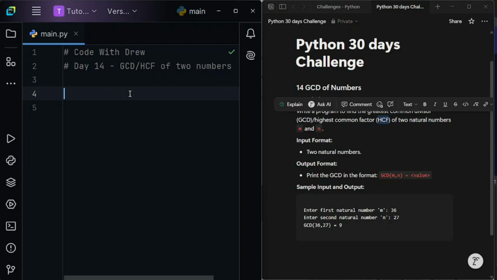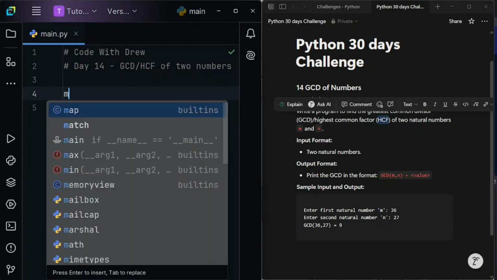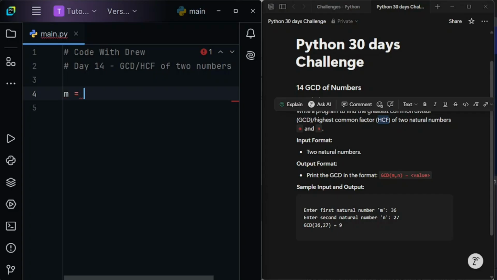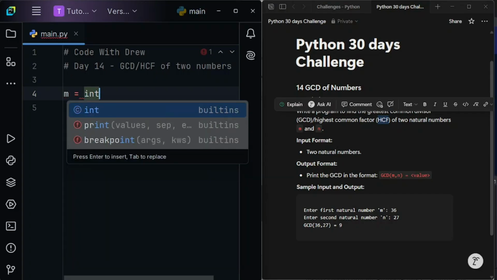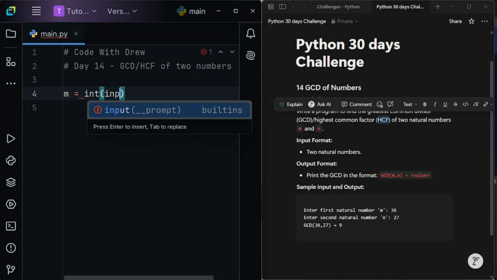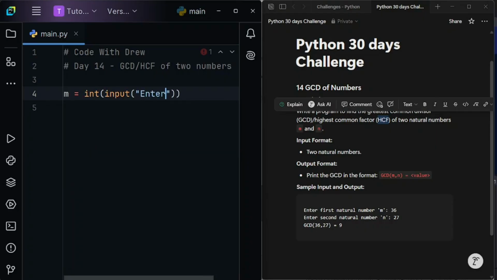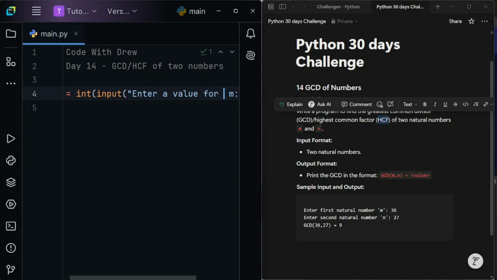Alright, so if you want to do this now, first thing we need to collect the input of these two numbers. I'm going to use these two numbers as m and n. So m is equal to int input, and I'm going to say enter a value for m.